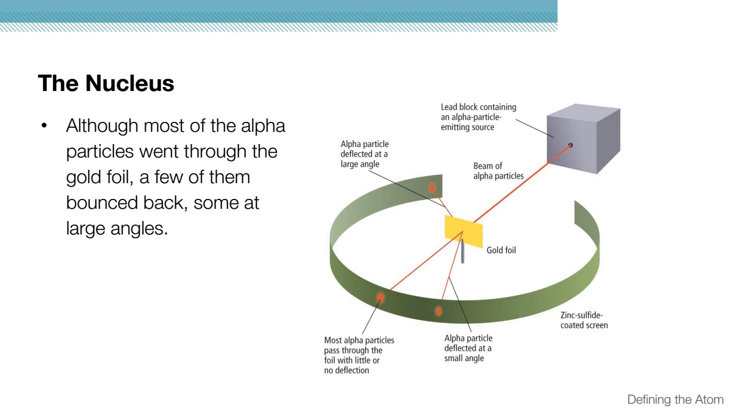While the vast majority of the particles did go straight through the gold foil, a good number of them actually bounced off at pretty intense angles, which led to the question, well, what inside of the atom is actually causing it to reflect a positive charge? Because if it's all negative in there, it's going to attract those positive charges, allowing them to go through.